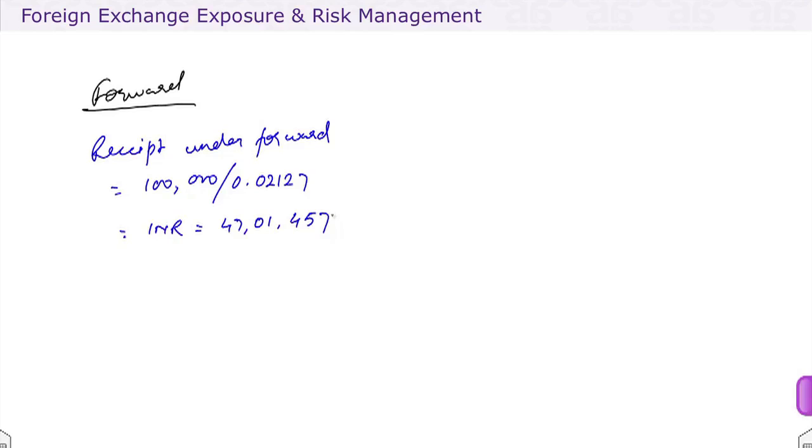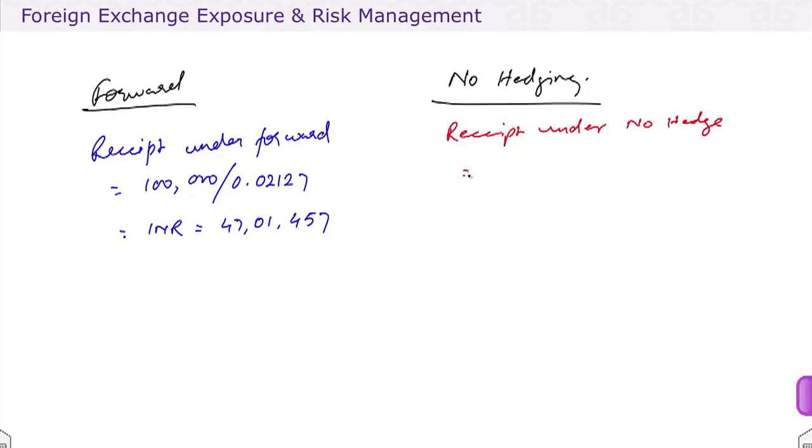Similarly, if I check it in the case of no hedge, which is given in the problem, you get the receipt on 1st of September at the prevailing spot rate of 1st of September as your realization. So the receipt under no hedge will be at the spot rate.